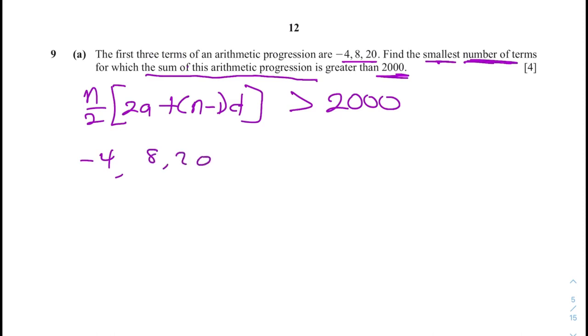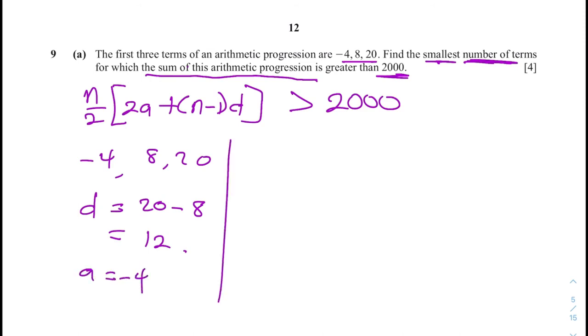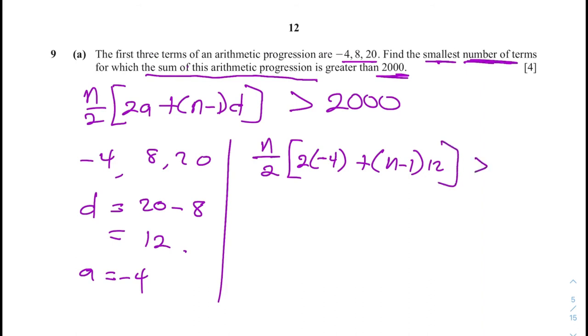We have -4, 8, 20. They said is an AP. So common difference can be 20 minus 8, giving us 12. And then we know a is -4. That means that we have n over 2 into bracket, 2 into -4 plus (n minus 1) common difference is 12.